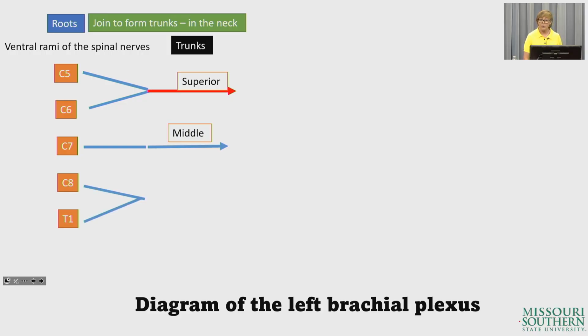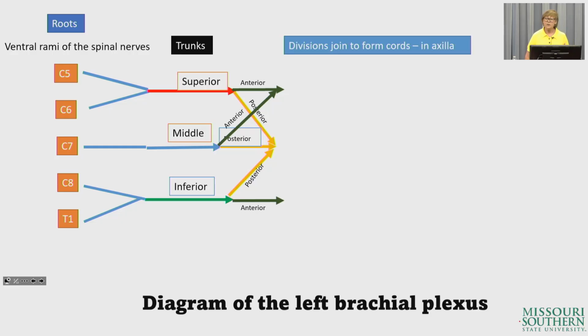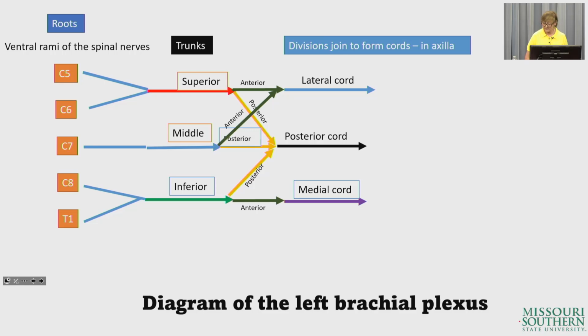C8 and T1 join, forming the inferior trunk. Trunks split to form divisions. Each trunk splits into anterior and posterior divisions. Divisions join, forming cords: lateral cord, posterior cord, and medial cord.